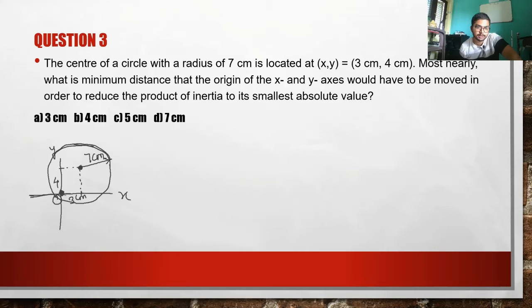The movement should be the least possible distance moved, such that the product of inertia for this particular circle will become the least. It will obtain the least value, but that least value in terms of absolute value.